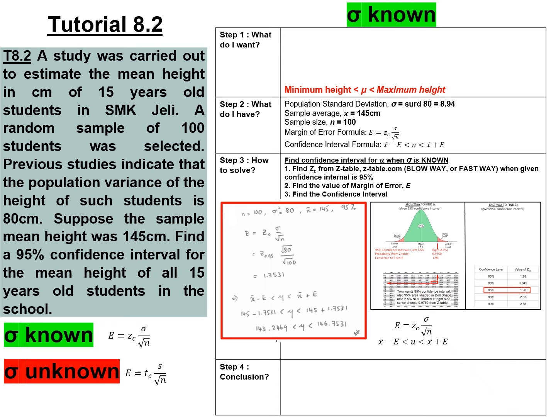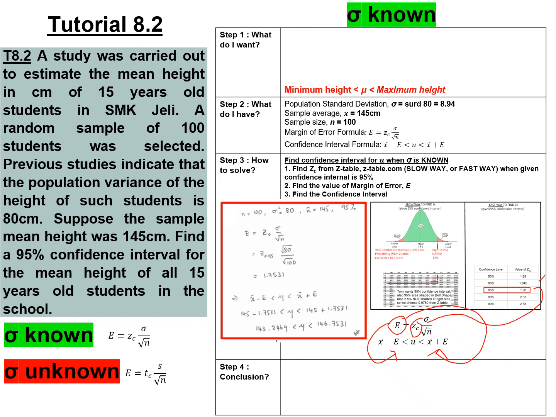Step number 3, how to solve. For this case, it will be direct because at the end we want to find what is the value of our E, and then we're going to plug the E into the range formula here. Okay, to find the E, we need to find the critical value. For this case is 95% confidence interval.